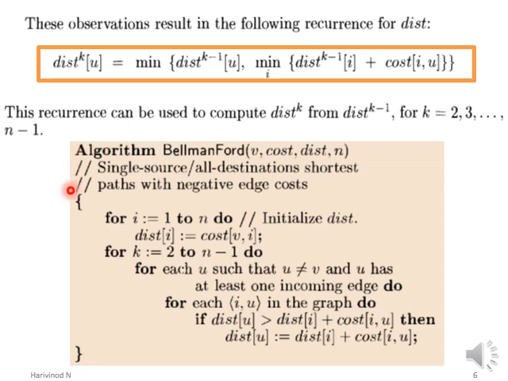This is the Bellman-Ford algorithm to find the single source shortest path. We'll discuss this later after looking into the illustration.